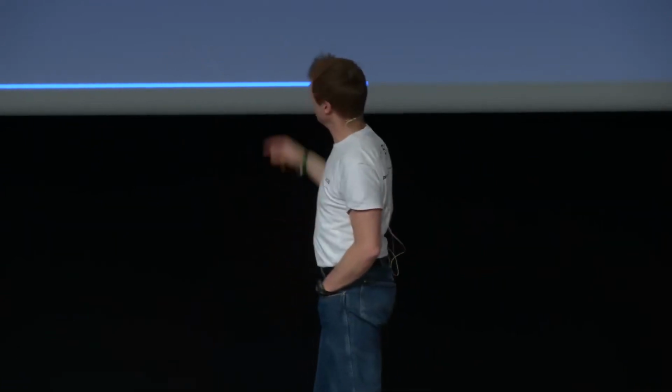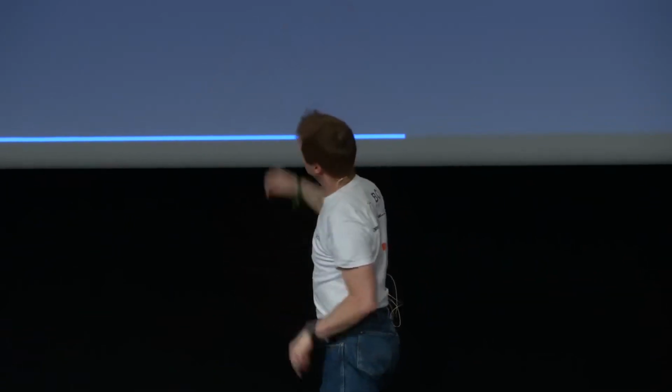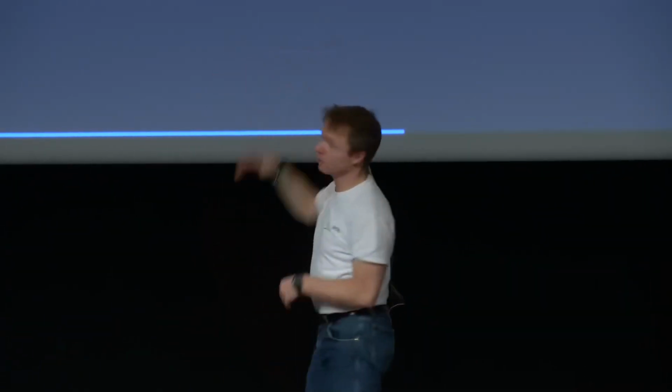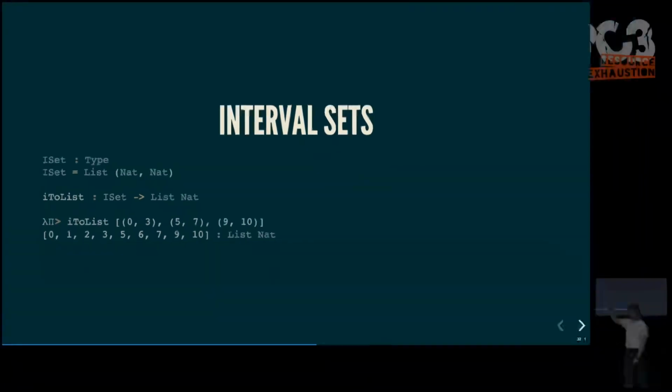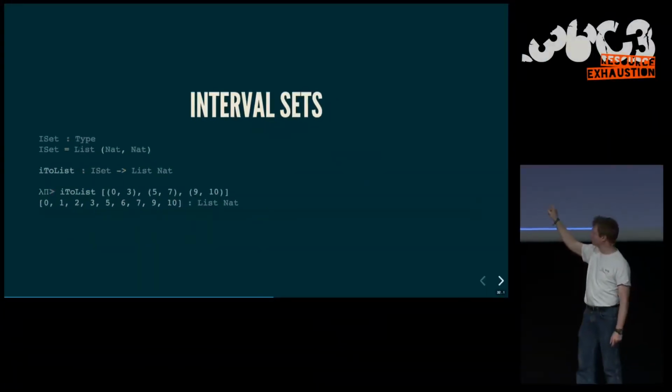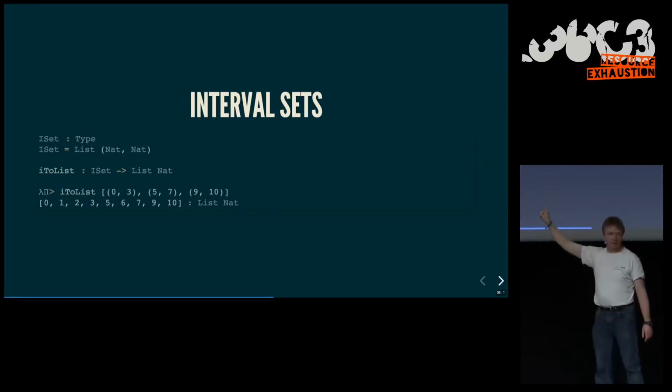If I apply I to list, so the brackets there just mean the list, and we feed in a list of intervals, and those intervals are from 0 to 3, from 5 to 7, and from 9 to 10, respectively. And they're all inclusive. And you can see down there is a list of all of the members. So the first interval is from 0 to 3, so it has the numbers 0, 1, 2, and 3. The next one goes from 5 to 7, so it has the three numbers 5, 6, 7. And the last one goes from 9 to 10, so it has the two numbers 9 and 10.